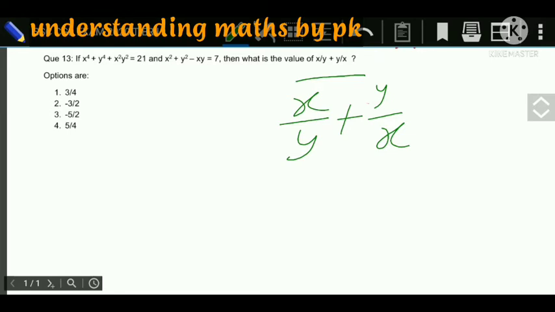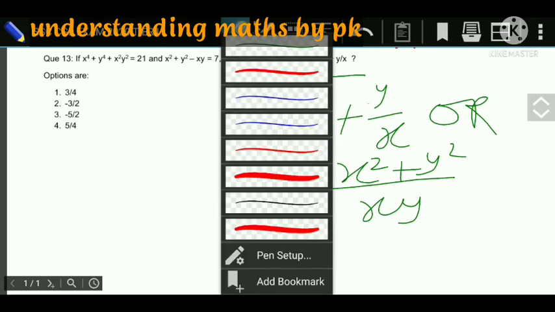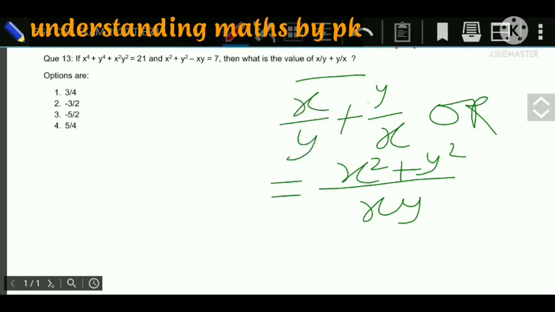So this value can be written as x square plus y square upon xy, because LCM comes xy. So accordingly x multiplied by x and y multiplied by y. We have to find out the value for this one.